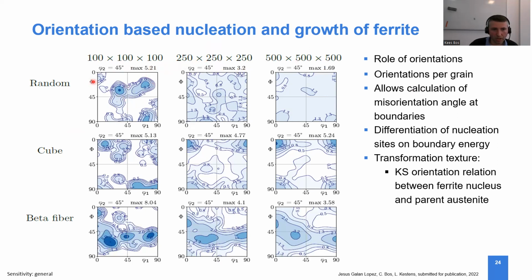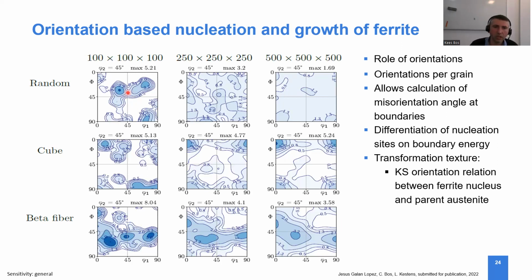For a random austenite distribution, as you progress into larger grain sizes, you see a fairly random texture coming back. And for the beta fiber and the cube, I think you can really see the impact of the parent austenite ODF. What you also see, of course, is that you do need proper grain statistics. If you have a small system, you will only have a limited number of grains in your system, and for a proper texture description, that's simply not enough.